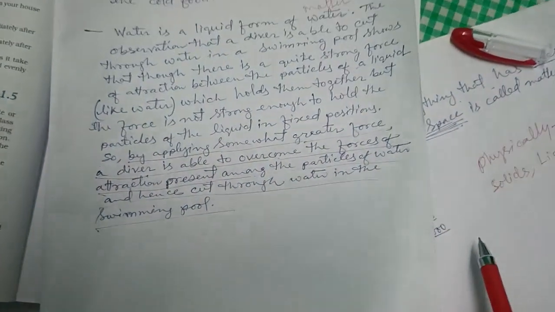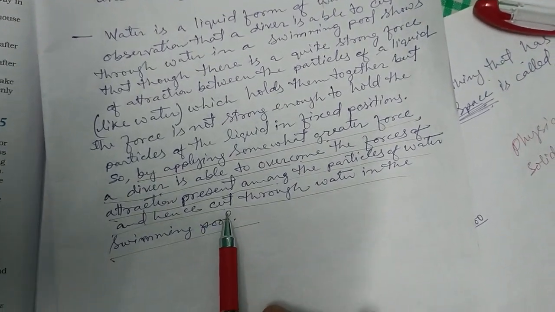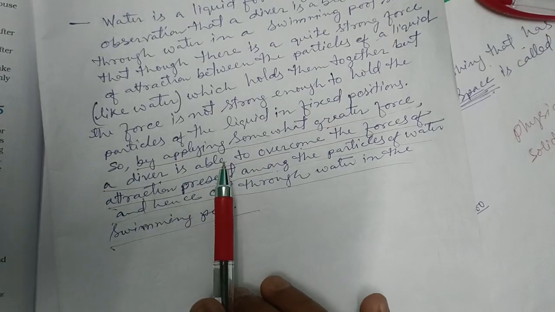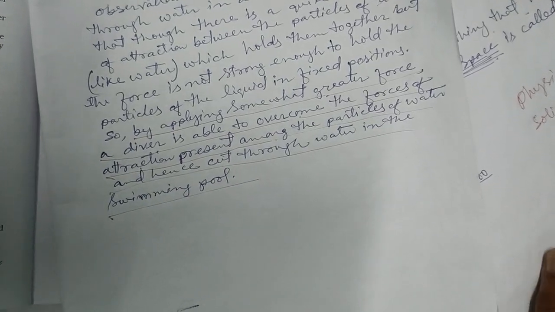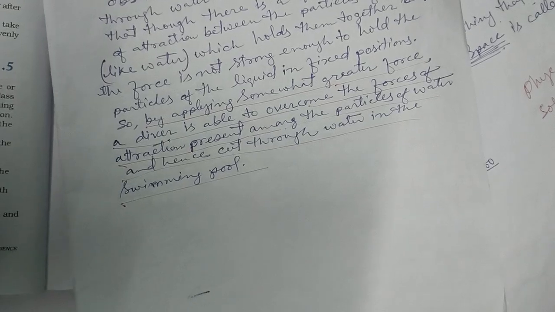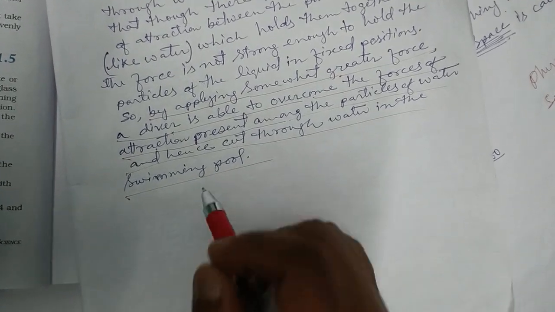Clear? Just remember this: by applying somewhat greater force, a diver is able to overcome the forces of attraction present among the particles of water. Clear? So these reasons you have to write only, basically.